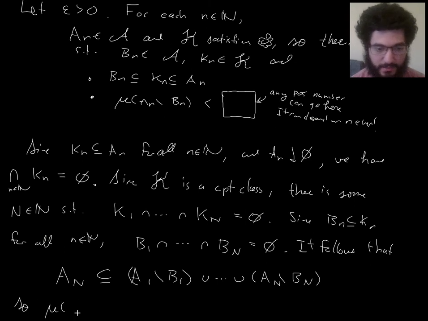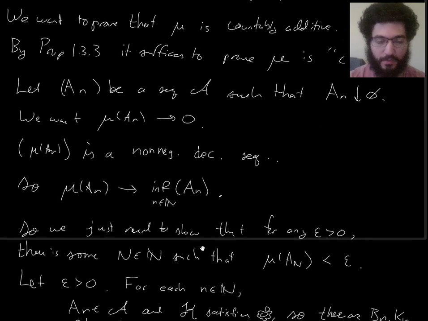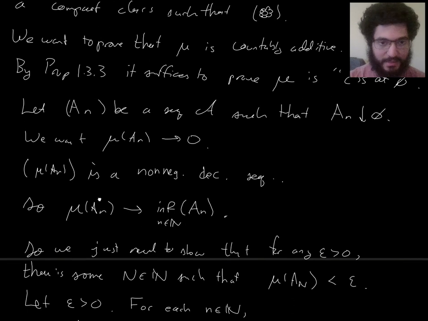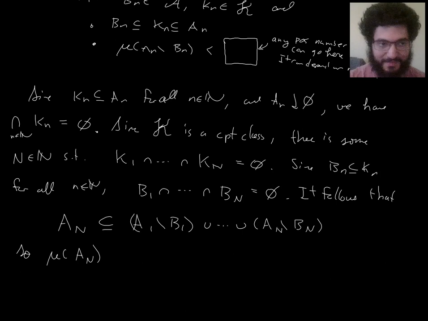So, and I'm going to use that same earlier proposition, the one that I used to get that the mu of A_n's are decreasing. Since this is a subset of that, and mu is an additive, non-negative function on an algebra of sets, I get this.